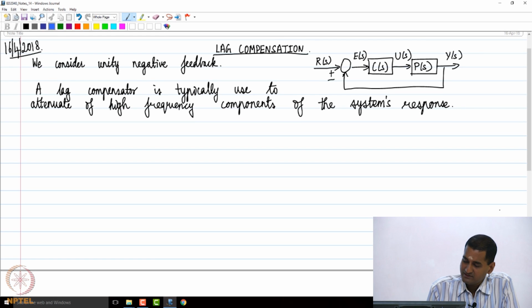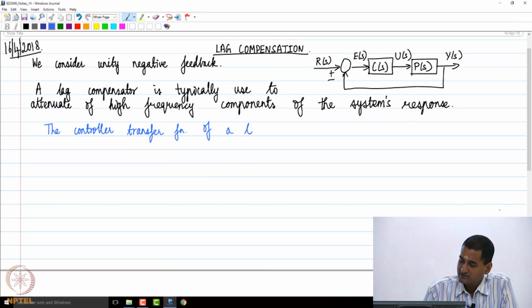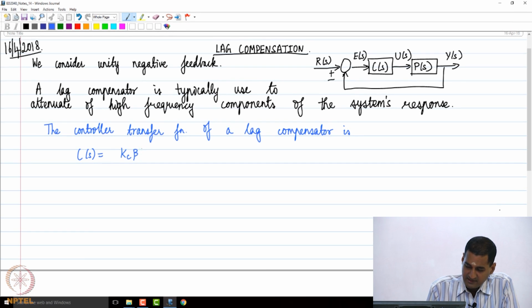So, let us look at the structure of a lag compensator. The controller transfer function corresponding to a lag compensator is the following: C of s is equal to Kc beta times (Ts plus 1) divided by (beta Ts plus 1).